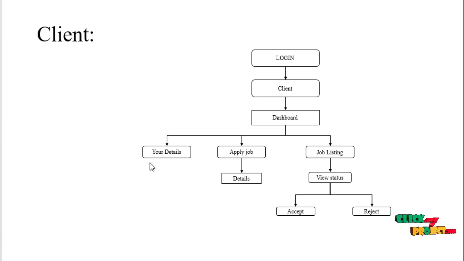In apply job, you choose the domain and filter the jobs using the web pages, with filtering options and more. Next is the job listing, where you apply for the job. You also have the status, whether accepted or rejected, shown in this module.